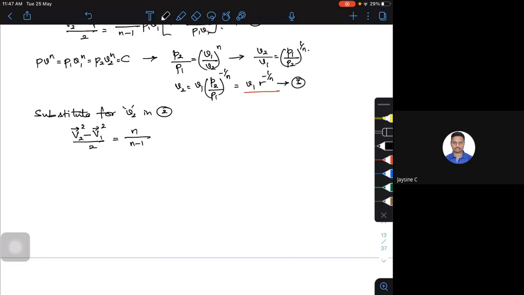So V2 square minus V1 square by 2 is equal to n by n minus 1 into P1 V1 into 1 minus P2 by P1, which is V1 R to the power of minus 1 by n divided by V1.